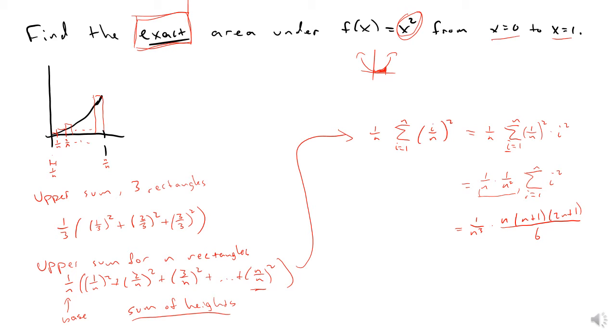Now I can simplify this a little bit further. I have an n on top, an n cubed on bottom. I can reduce this down to n squared. So I have n plus 1 times 2n plus 1 over 6n squared.